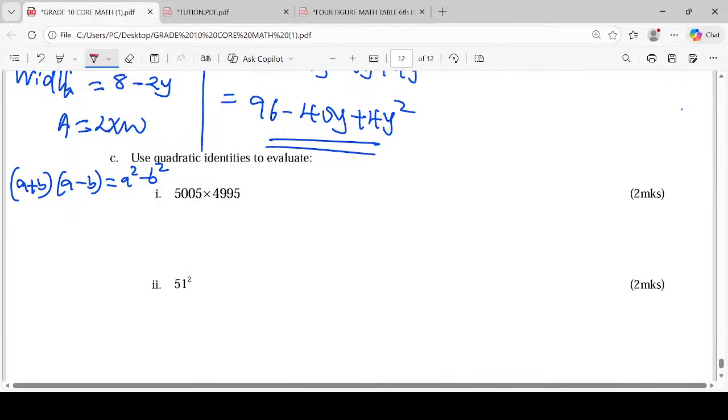So we are going to apply it in the first one. 5,005 can be written as 5,000 plus 5 being multiplied by 4,995, which can be written as 5,000 minus 5. This difference of two squares is like saying 5,000 squared minus 5 squared.